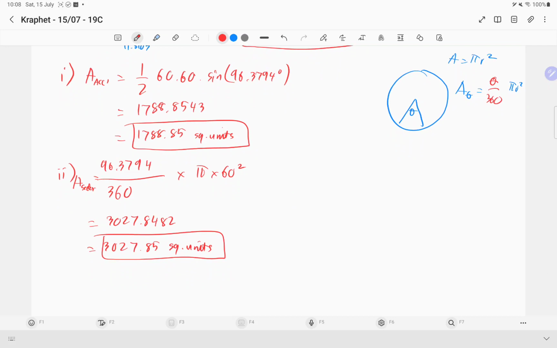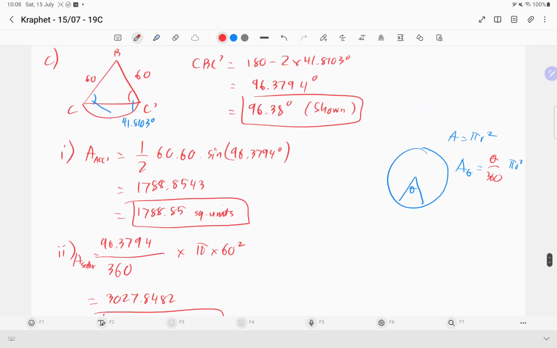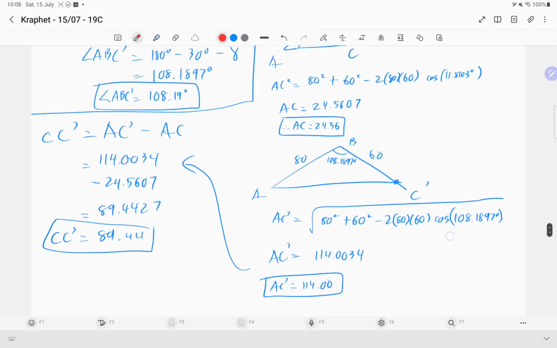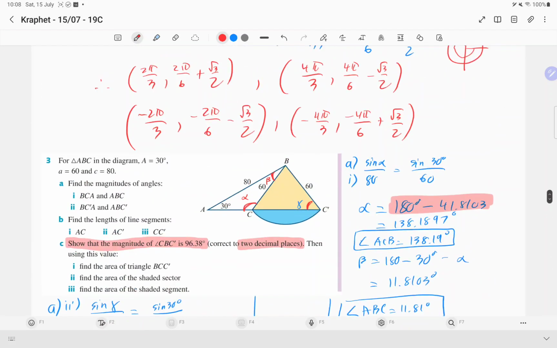Now, the textbook actually gives me a different answer, and I think that's because they use a 2 decimal place version. Because for this question, I think they said to use this angle value to find the area, but I don't think they will give you this kind of question in the exam. If you use a higher decimal place, I think that should be okay.